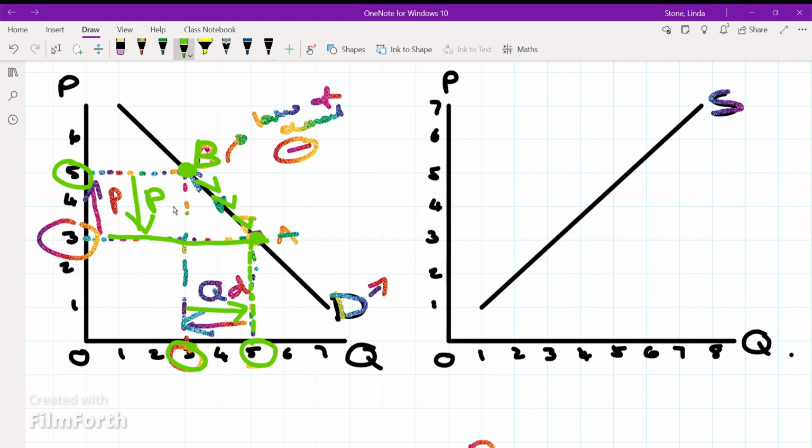So in this case, the price fell and the quantity demanded increased. We have an inverse relationship between the two variables.